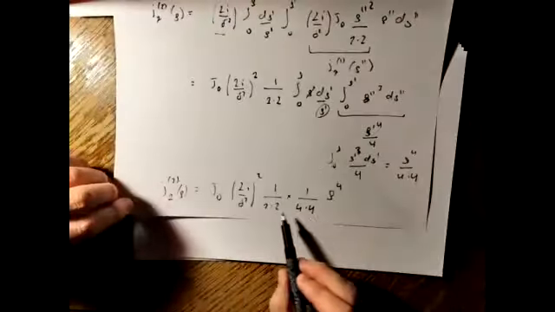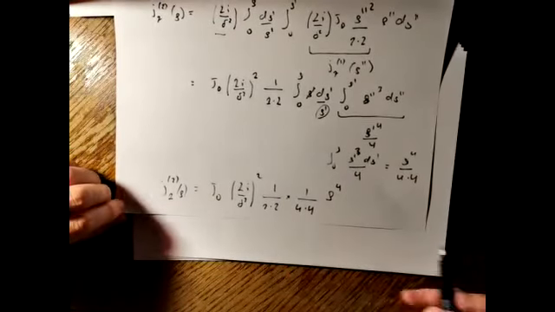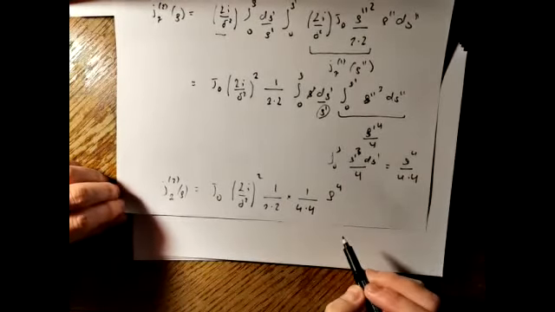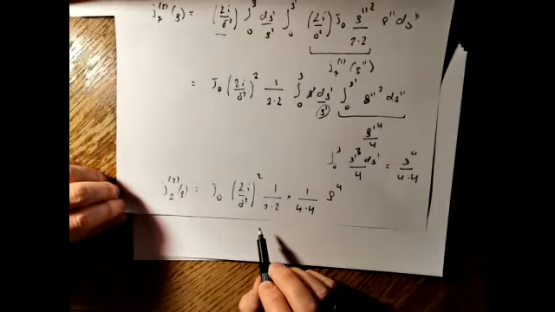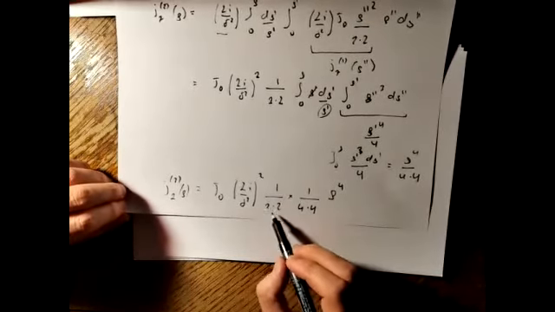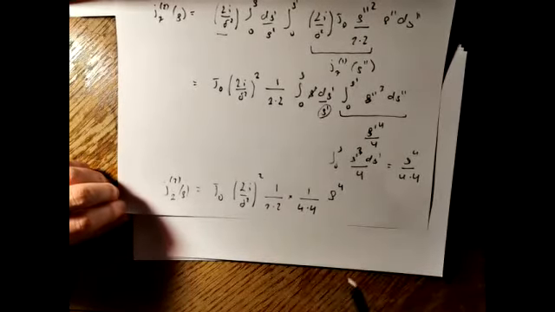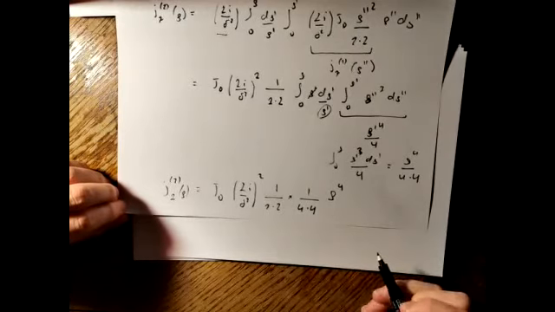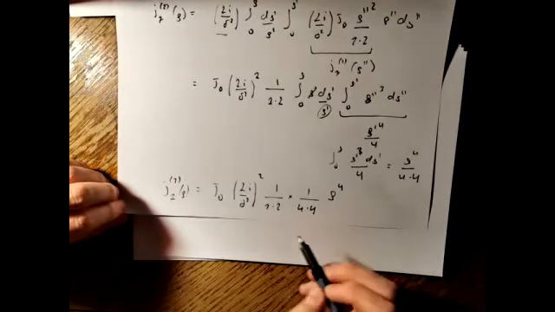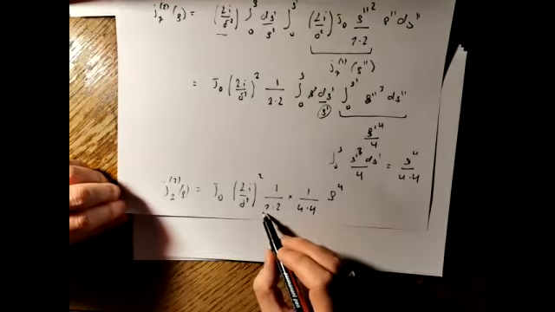And what about these guys? Well, with these I can do something. These are actually factorials, but they're funny factorials. Recall that it goes 2 times 2, 4 times 4, and the next one would be 6 times 6. So basically, I can take a factor of 2 out of each.